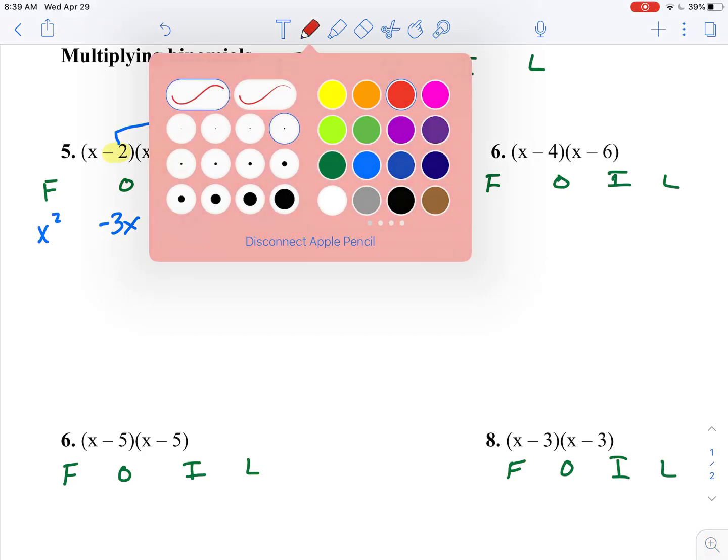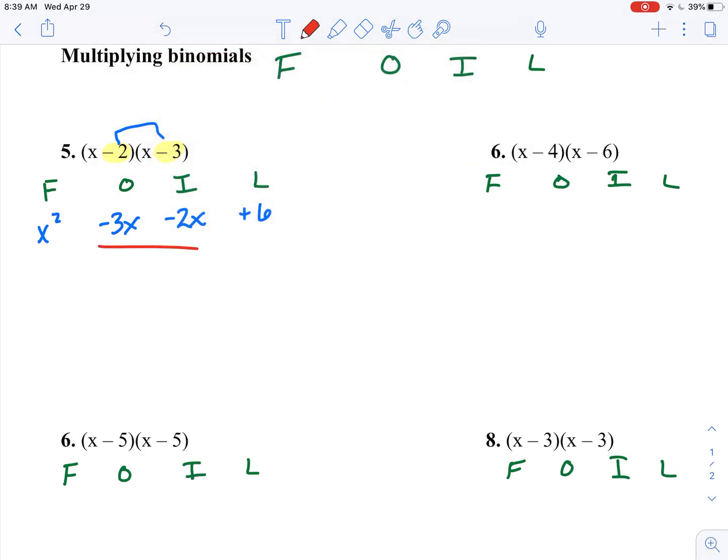And now I've got my inners, -2 times x, -2x. And the very last product, I have a negative times a negative, so -2 times -3. A negative times a negative is a positive. 2 times 3 is 6.